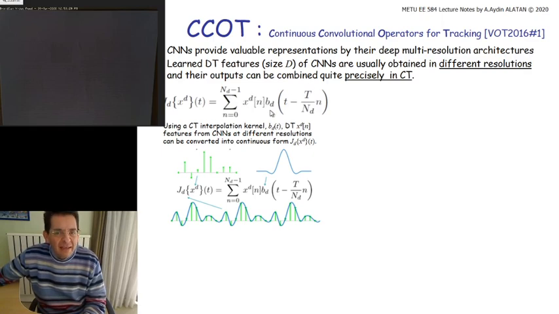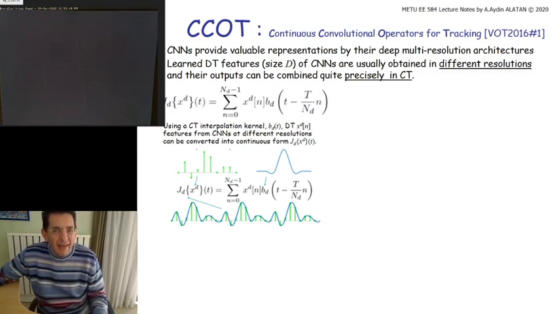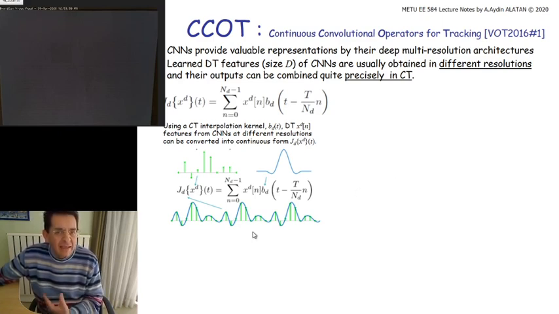Hence, the shifted and summed version also gives something periodic. We repeat it, and we obtain something periodic here in continuous time. That's an important thing to realize, because the resulting continuous time signal is periodic.